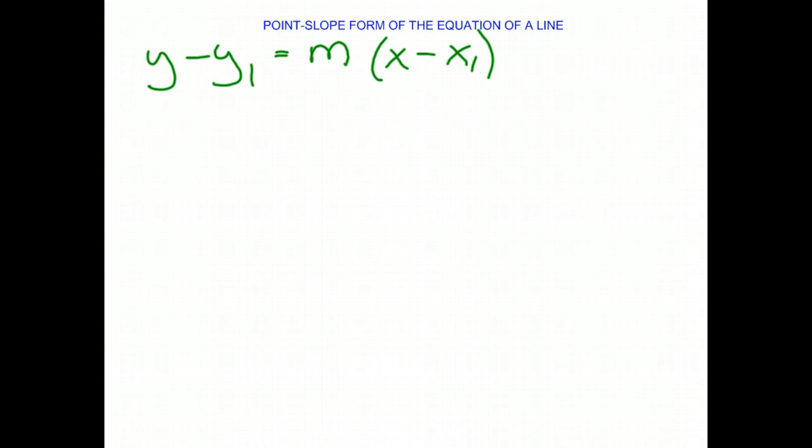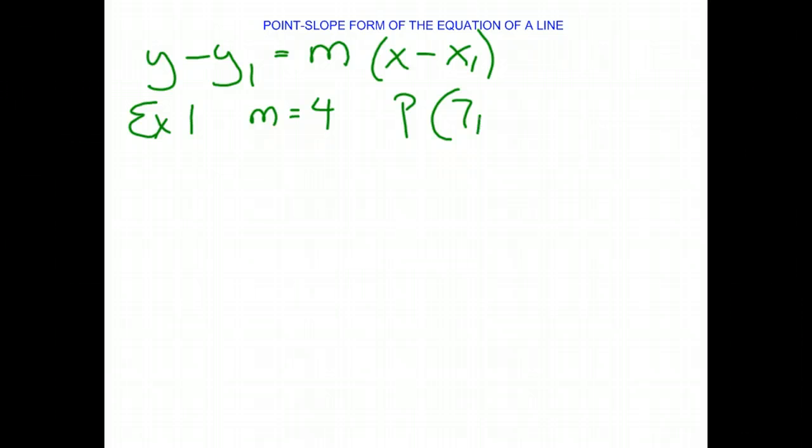So for the first example, where I have a point and the slope, what if I tell you the slope equals 4, and the point that this line goes through is the point 7, 3. What is the equation of the line with a slope of 4 and traveling through the point 7, 3?